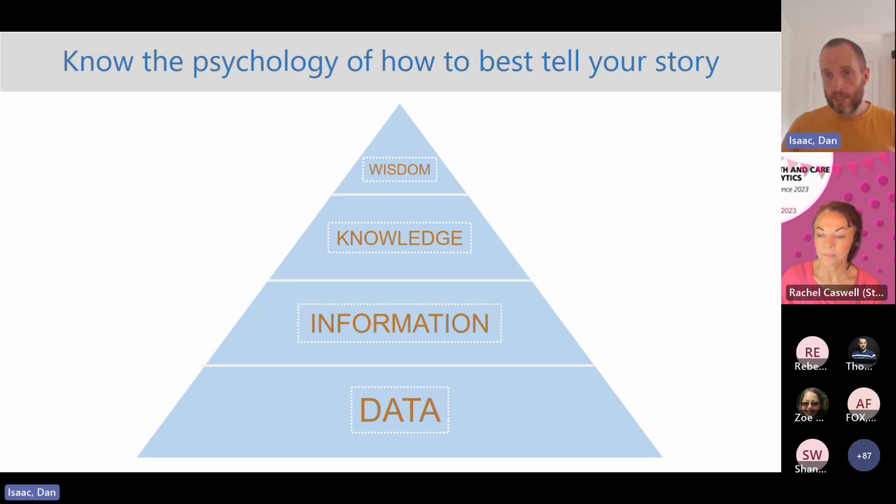We present information to people in such a way that we want to create knowledge in them. And ultimately, we want to give people the knowledge so that they have the wisdom to go make wise, effective decisions based on the data, based on the information that we provided to them. That is what we do when we share our data visualizations with people.